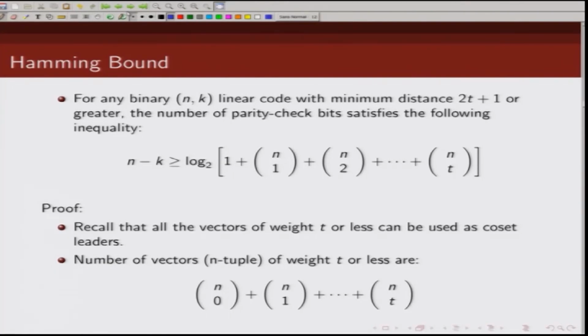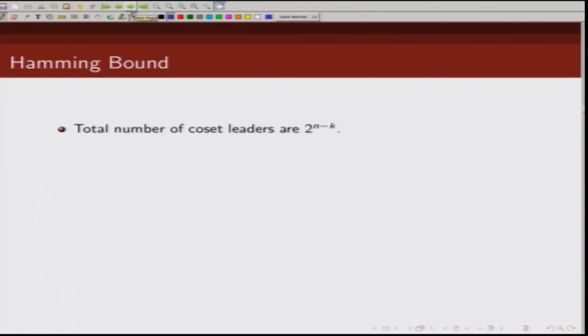The number of error patterns of weight 1 is given by nC1. The number of error patterns of weight 2 is nC2, and similarly the number of error patterns of weight t is nCt. These are the total number of error patterns of weight 0, 1, 2, 3 up to weight t. Note that all of these should be coset leaders, then only we can correct them. But what is the maximum number of coset leaders possible?